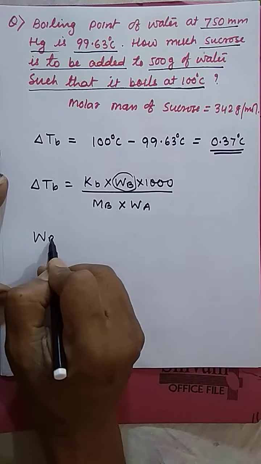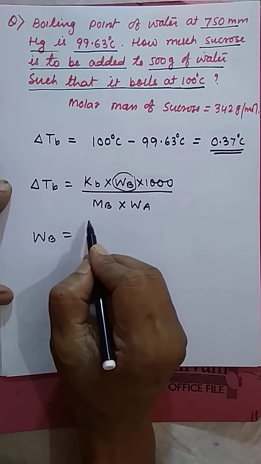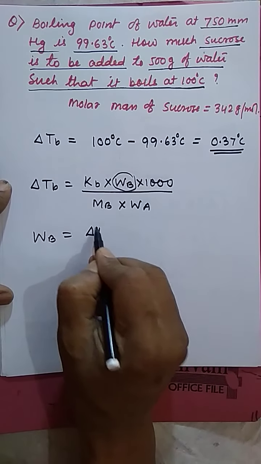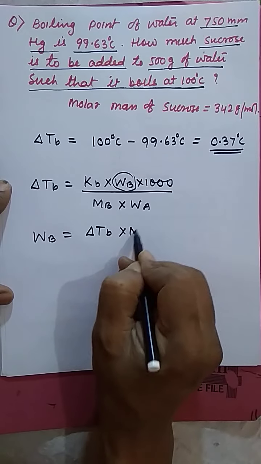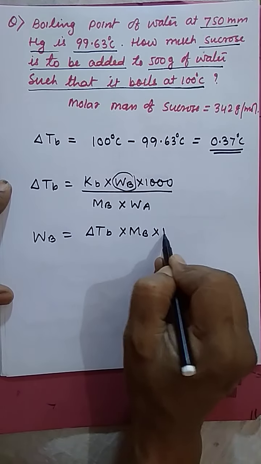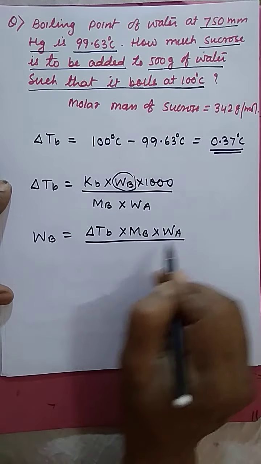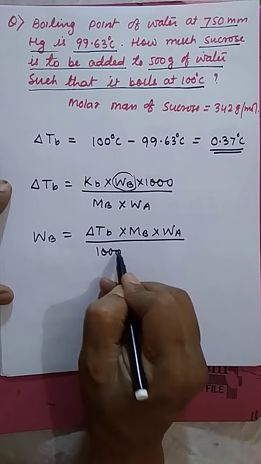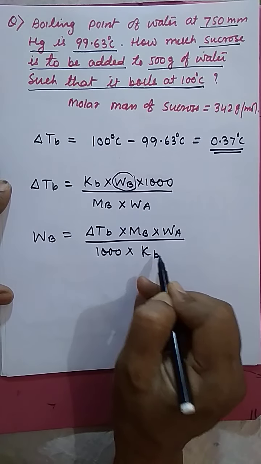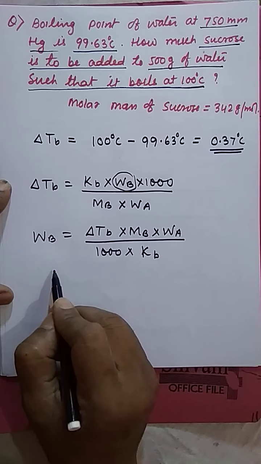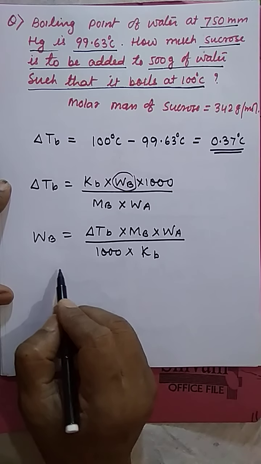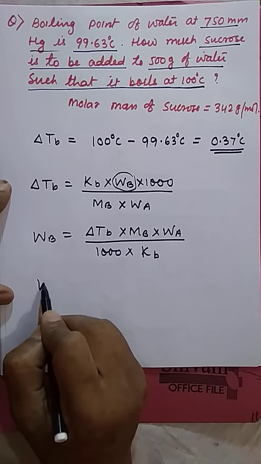So WB is equal to delta Tb into MB into WA upon 1000 into Kb, and the Kb value is 0.52, it is given.